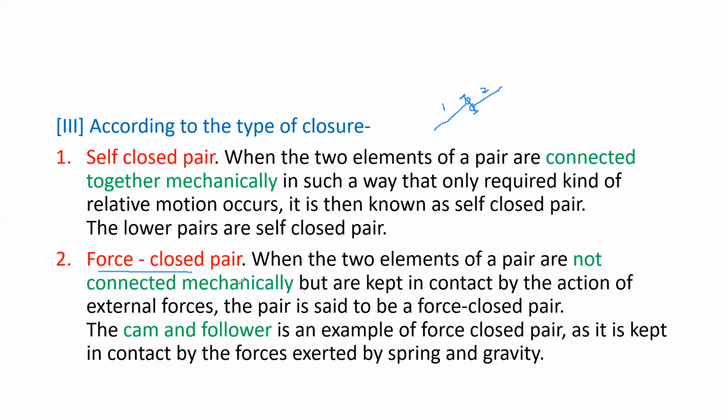If they are in contact, then only they can transmit the motion from one link to another link. So what is the example of a force closed pair? It is your cam and follower. Examples I will tell you, cam and follower.